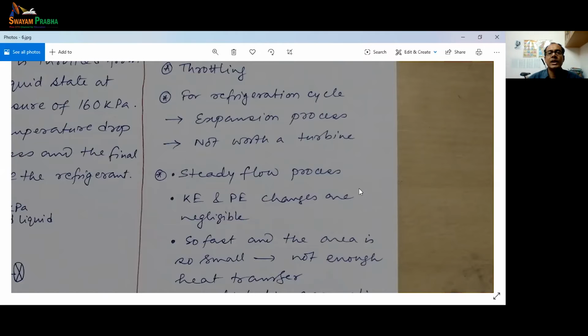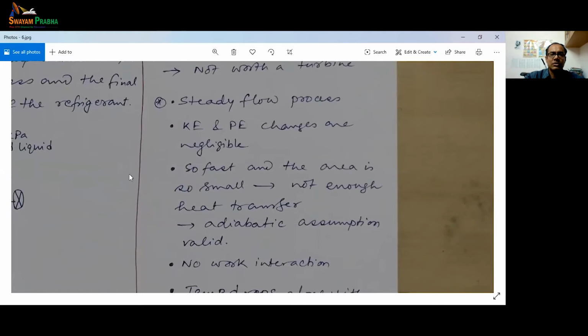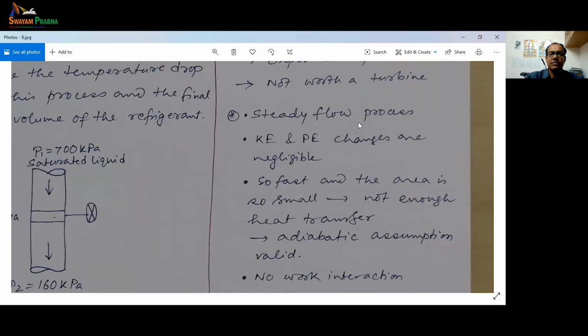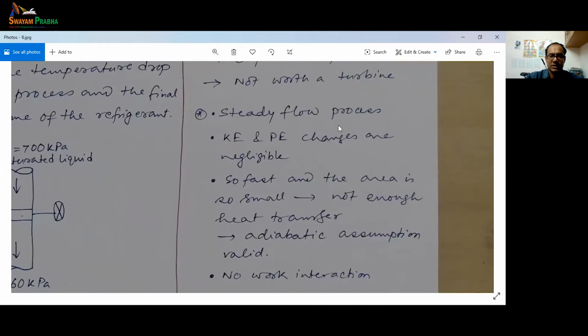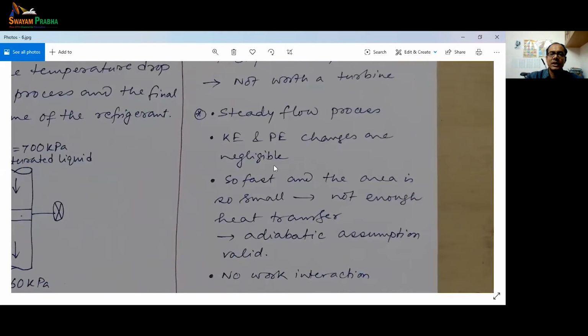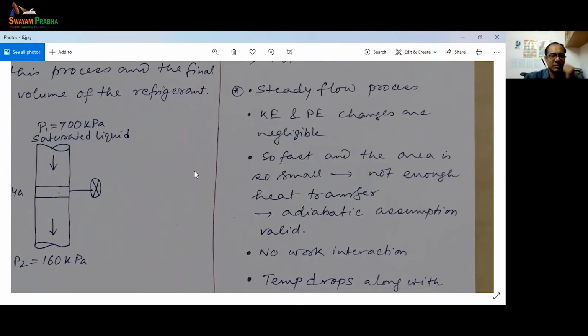So better we get rid of that work by simple throttling. And you can also see from the schematic that it's a steady flow process. There is nothing going in or out and nothing changing with time, so it is a steady flow process. And the kinetic and potential energy changes are also negligible, because velocity does not change much, and even if it changes, the quantities corresponding to that are negligible.